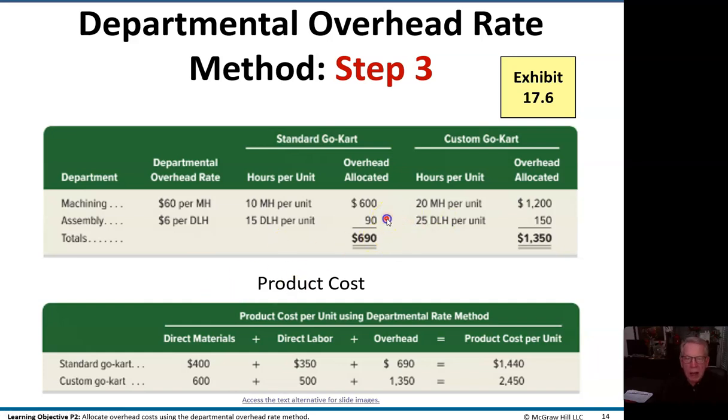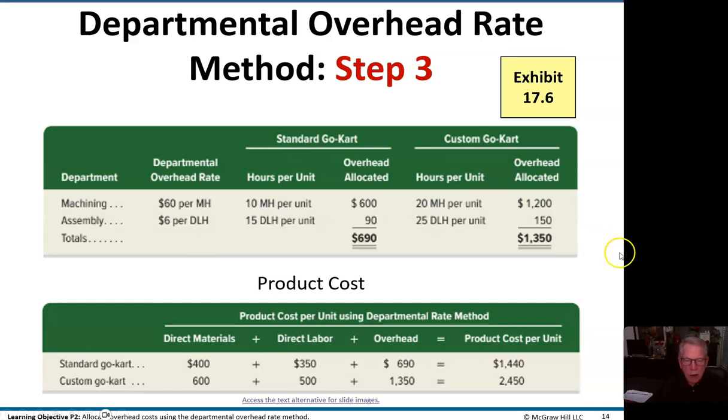That gives us $90 from the assembly department for the standard go-kart and 25 direct labor hours, and that times $6 per direct labor hour gives me $150 of overhead allocated from the assembly department. So if we add these together, the standard go-kart is going to get $690 of overhead, and the custom go-kart will get $1,350 in overhead.